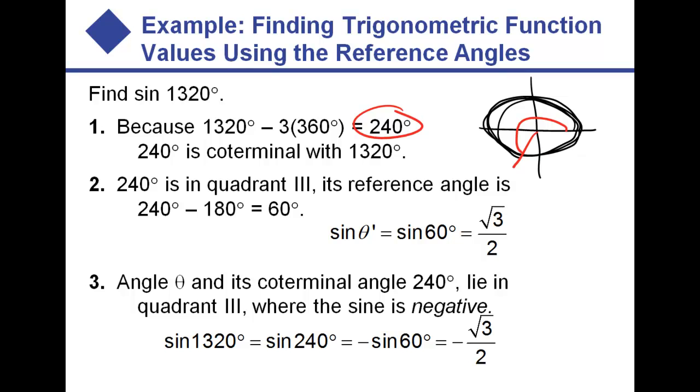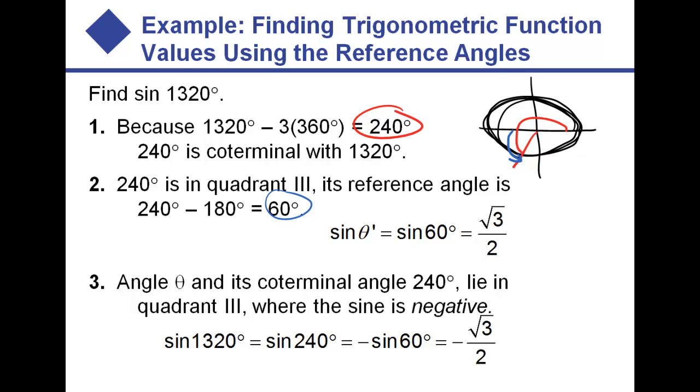And now we can figure out sine of 240. And again, we don't want to do 240. We want to do its reference angle, which is this piece here in blue. So 240 minus the 180 piece gives us the leftover bit, which is 60.